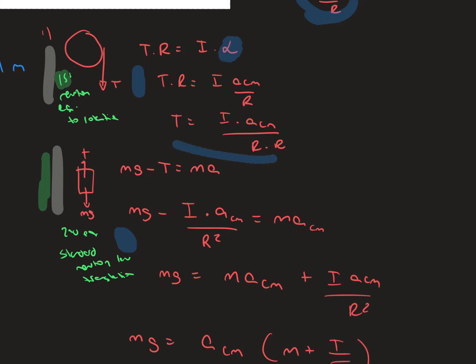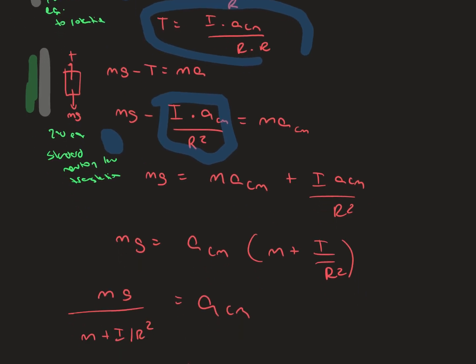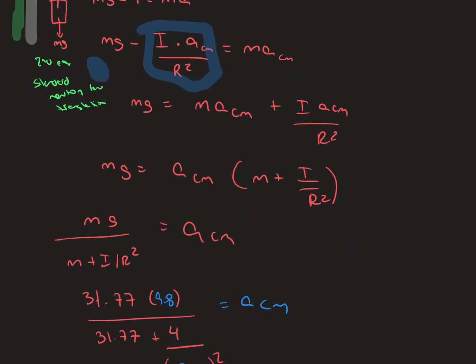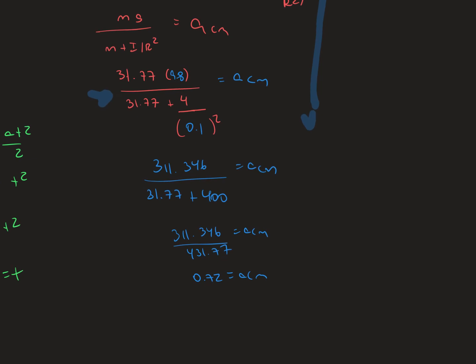In the first part, we got the tension being I times acceleration divided by r times r, or r squared. That's what we plug in here for the tension. And as we continue, we do some algebra and we plug in values so we can get a value for acceleration of the center mass being equal to 0.72.